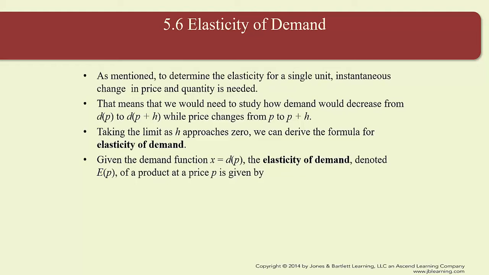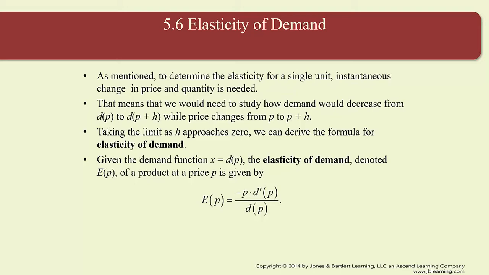If you have demand function x equals d of p, the elasticity of demand, which is denoted by E of p, of a product at current price p is given by, well, there it is. E of p equals the opposite of p times d prime of p all over d of p.